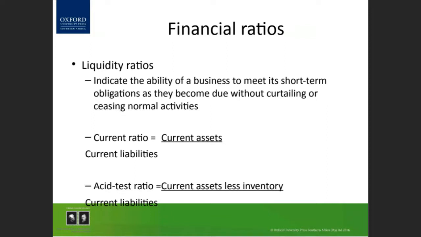If you also look in your balance sheet, you always have a figure for stock or inventory there, which tells us that inventory itself is problematic as a current asset. It's not something that you can easily convert into cash when you want to. So we should remove it.